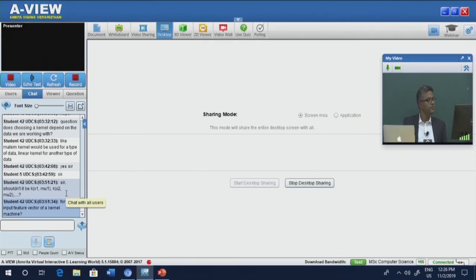Okay, 42, this F can be anything, fine. Second, 42, for the input feature vector, a kernel machine, yes. Okay, we move ahead. Can we move ahead? Okay, thank you.